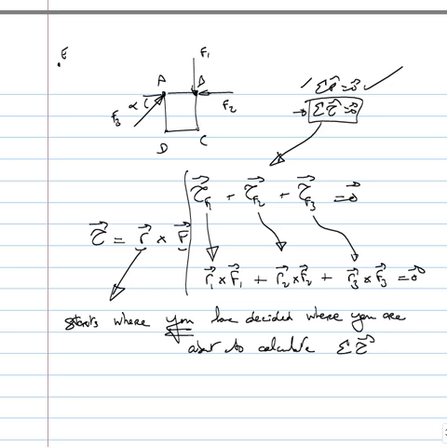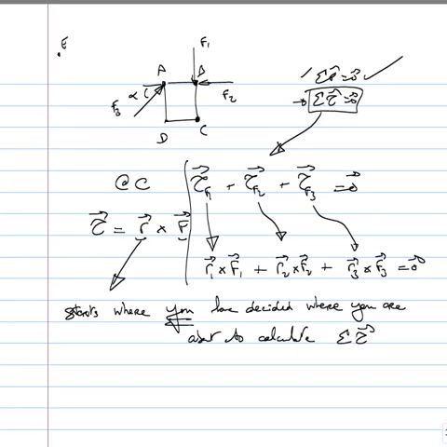Let's imagine that I'm told to calculate the sum of torque at C. Again, it is a fictitious situation. If you are dealing with a static equilibrium, you're free to pick any point. I just want to pick point C because otherwise it's going to be too easy. So at C, I need to figure out R1 cross F1, R2 cross F2, R3 cross F3 about an axis of rotation centered at C, perpendicular to that page.